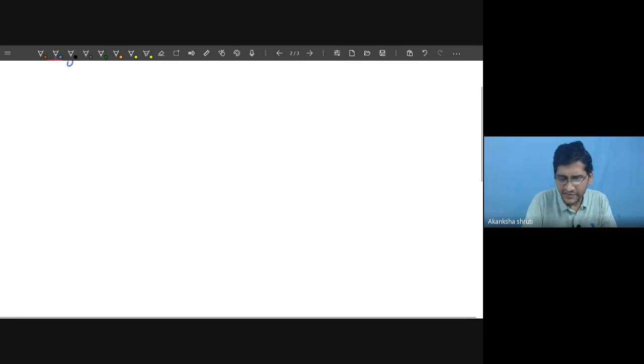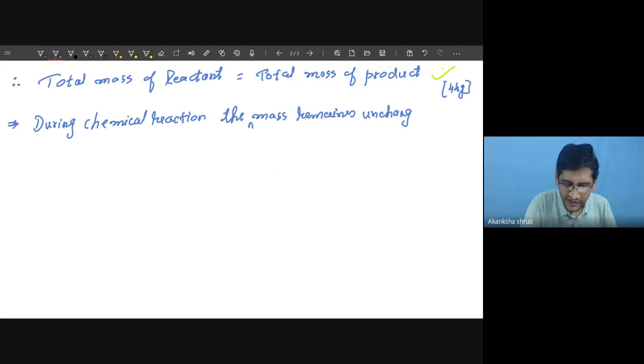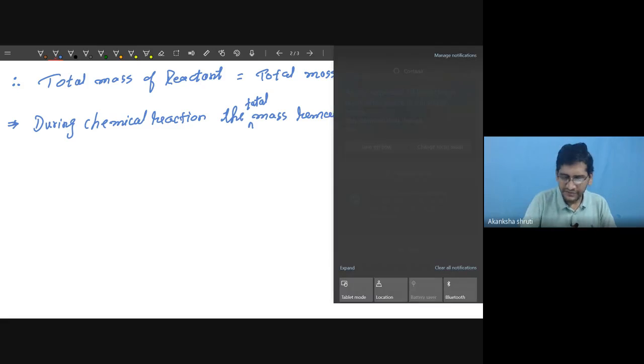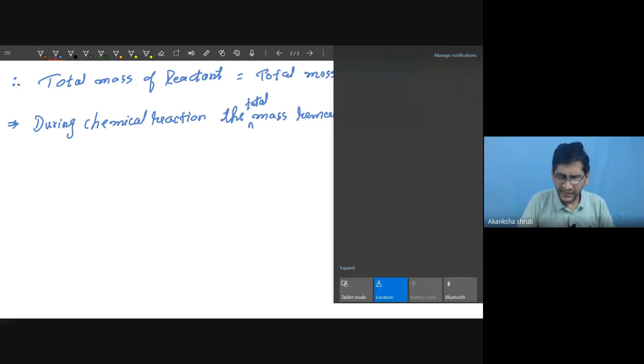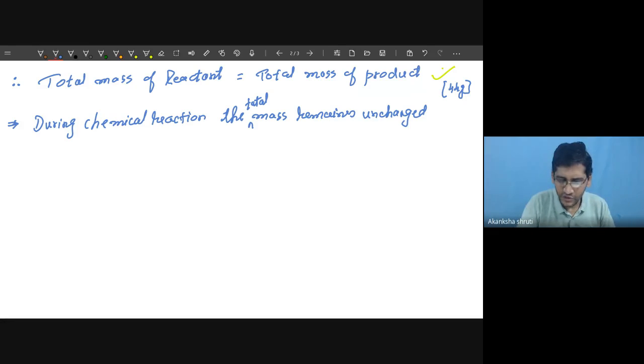It is better to write that the total mass remains unchanged. This means if we consider the total mass of reactant, it will be equal to the total mass of product. Getting it? So this is the other form of stating the laws of chemical combination.